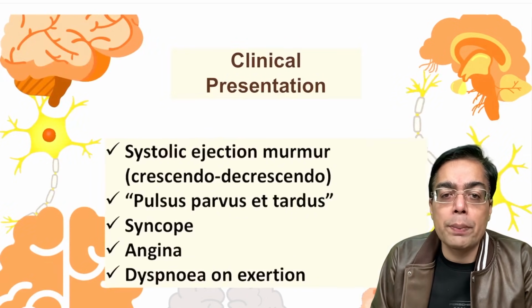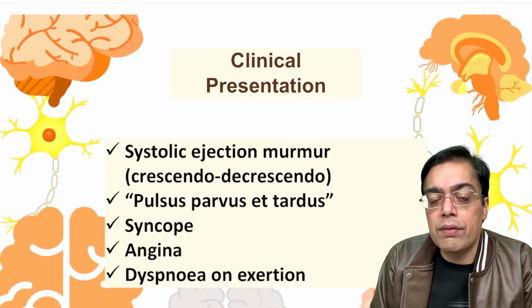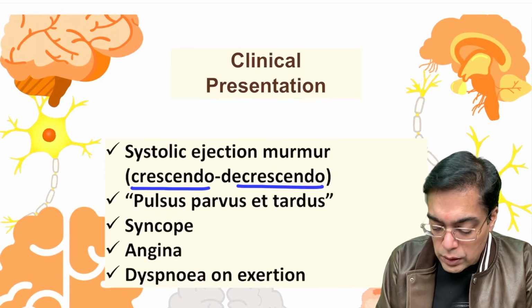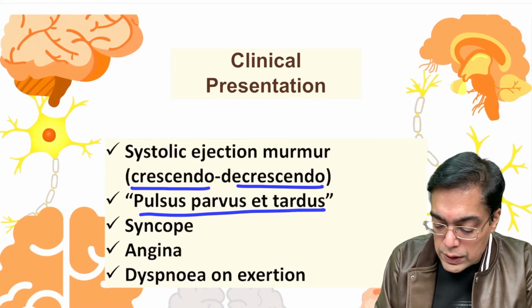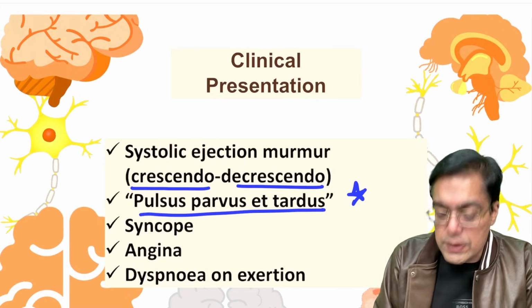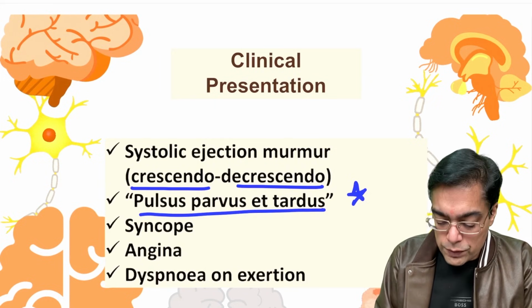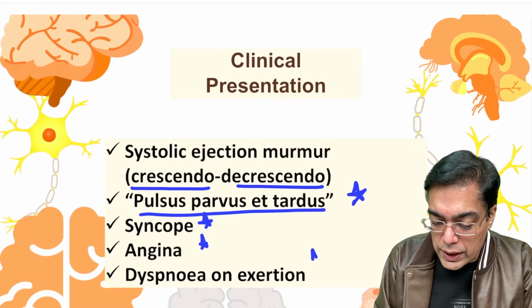The next one talks about a patient who has a systolic ejection murmur, the nature of which is described in the question as a crescendo-decrescendo murmur. And typical words mentioned in the exam question can be pulsus parvus et tardus. Now, that can be a very, very important hint in the exam question. Or the way it was given in the NEET PG exam was that the patient had syncope, angina, and dyspnea on exertion.